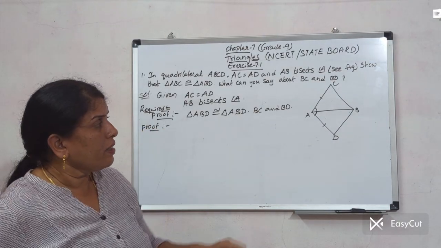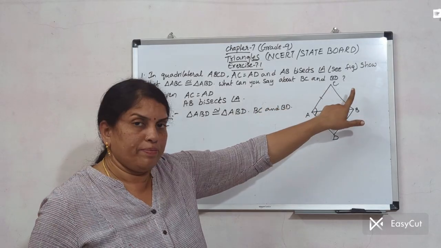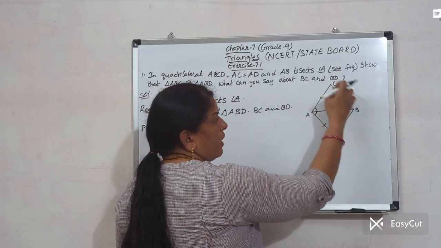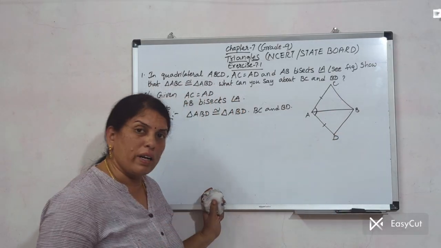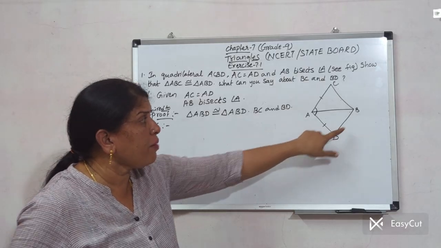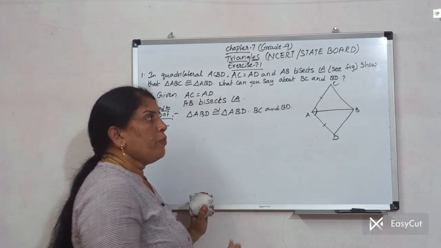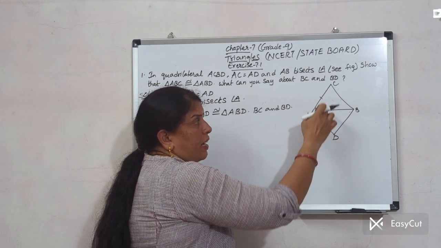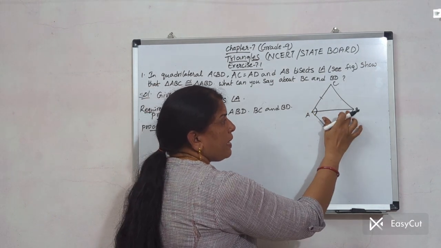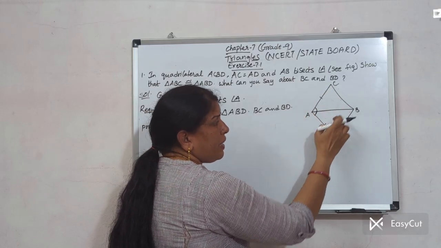See here, children. In the given question, this is a quadrilateral ABCD. Now if you observe in this figure, two triangles are there. One triangle is ABC and the other is triangle ABD.